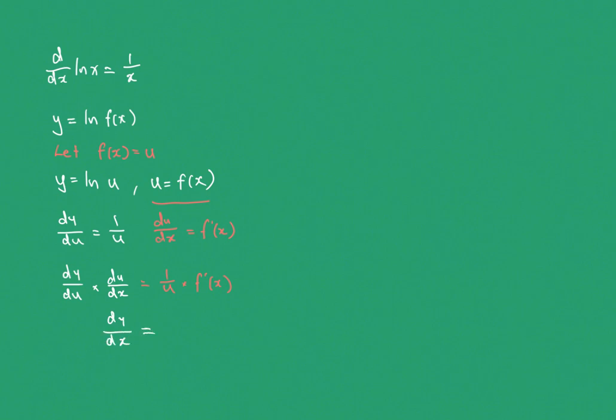If we sub u back in, we'll get 1 over f(x) times the derivative of f(x). So we'll eventually get f'(x) over f(x). And this is the derivative of ln f(x).